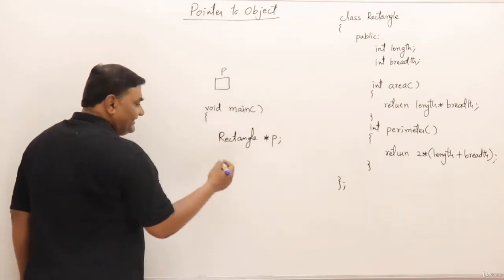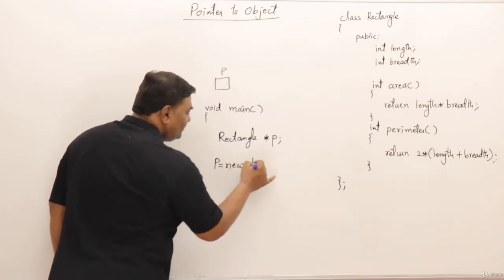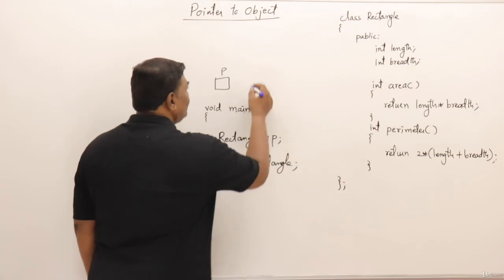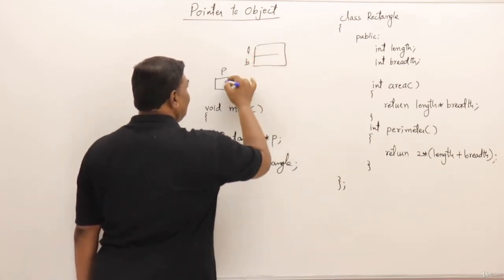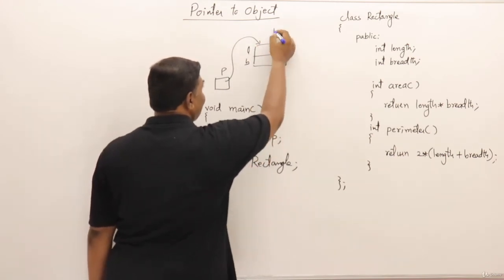Now this pointer is declared, the object is not created. Then say P assign new Rectangle. So the object will be created now with length and breadth, and this pointer will be pointing to it. So where is this object created? This object is created in the heap.